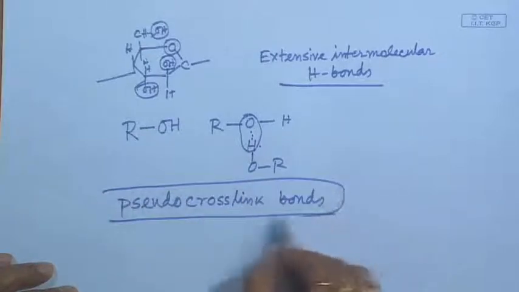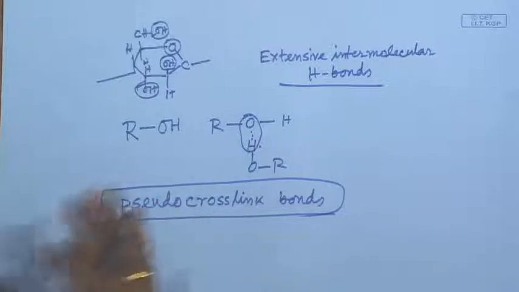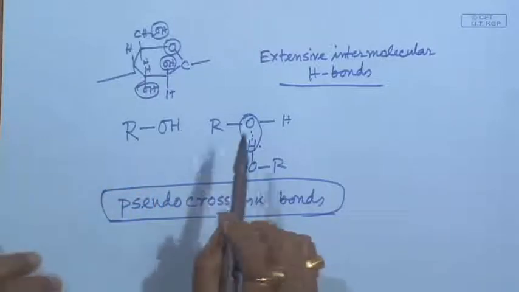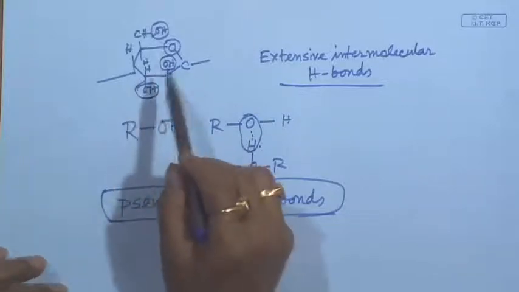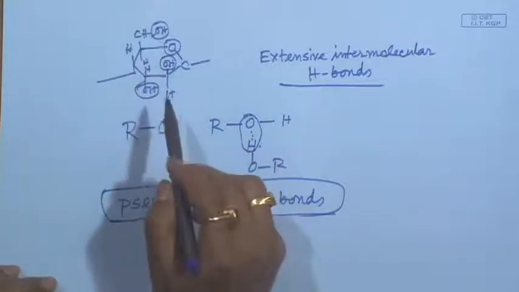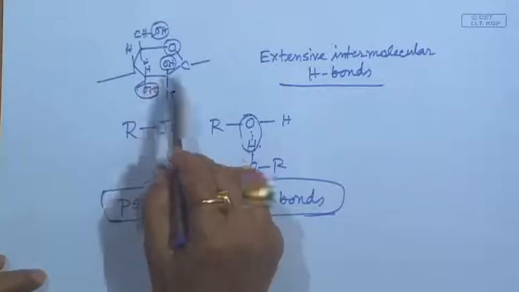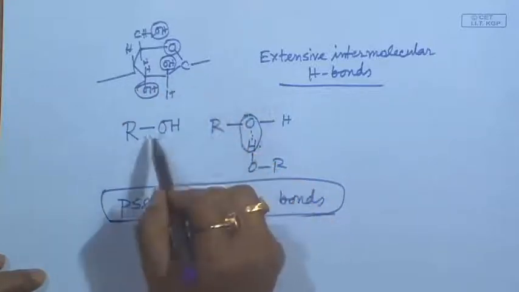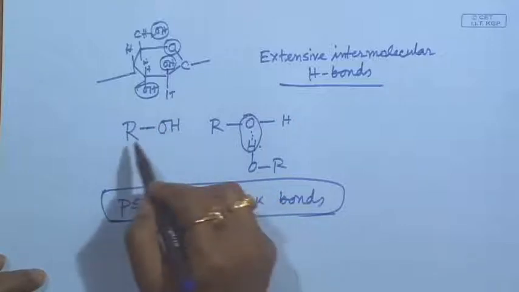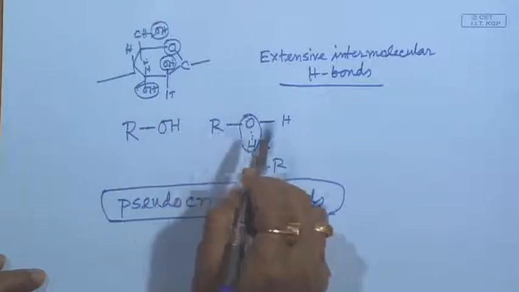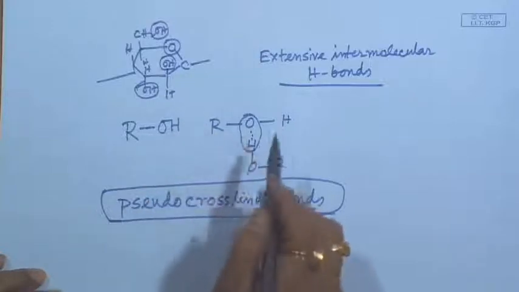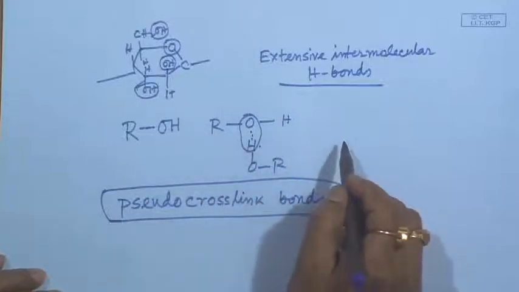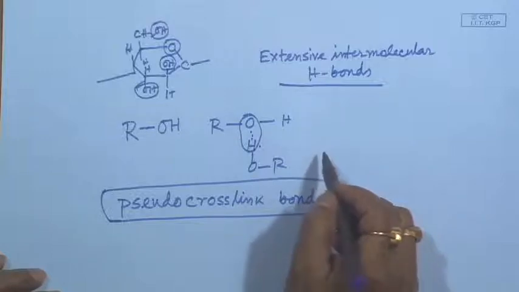Pseudo cross links mean there is intimate bonding between each anhydroglucose unit of one molecule and the anhydroglucose unit of the other molecule. That does not help the polymer to be more hydrophilic, and that prevents biodegradation.